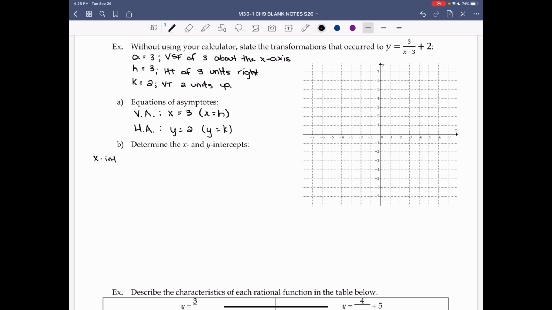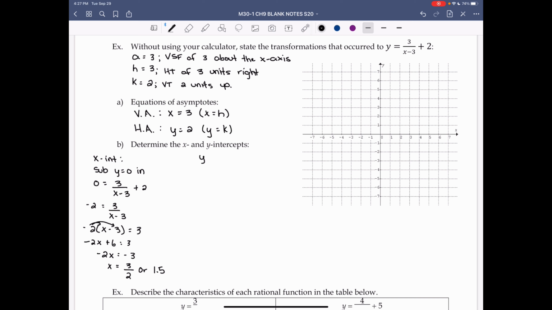Multiply both sides by x minus 3. We get negative 2 times x minus 3 equals 3. Multiply this negative 2 into the brackets. Negative 2x plus 6 equals 3. Subtract 6 from both sides. Negative 2x equals negative 3. And then divide by negative 2. We get x equals positive 3 over 2, or 1.5.